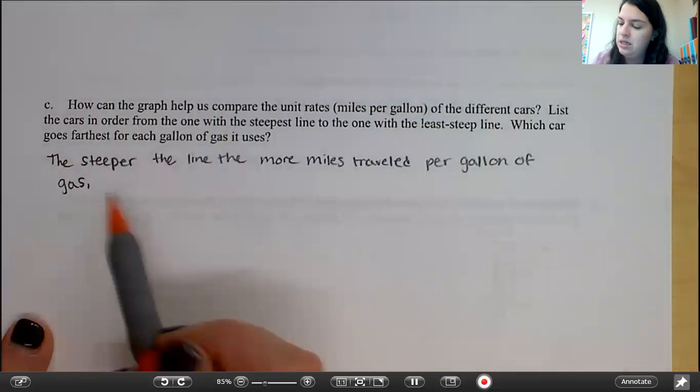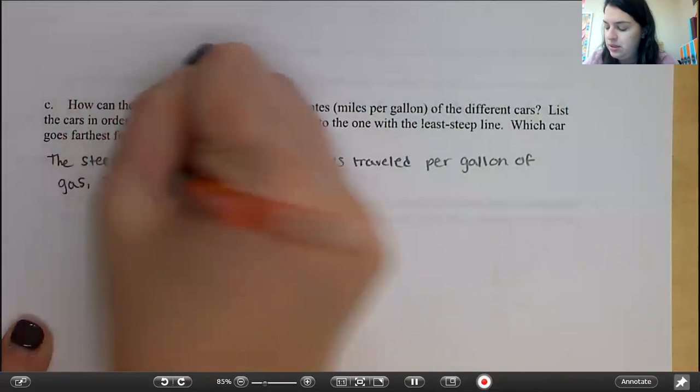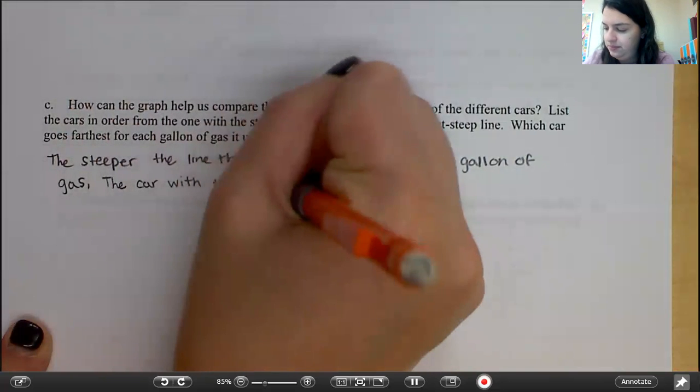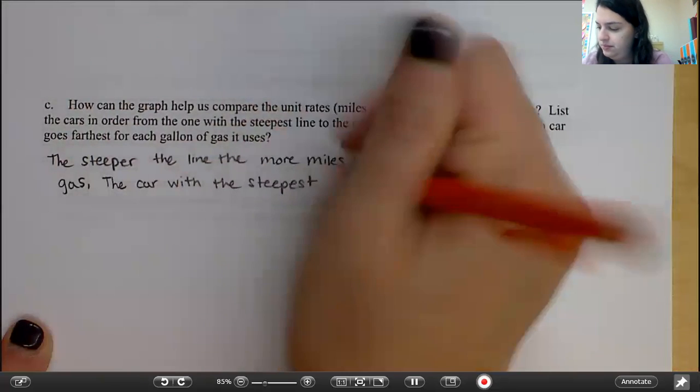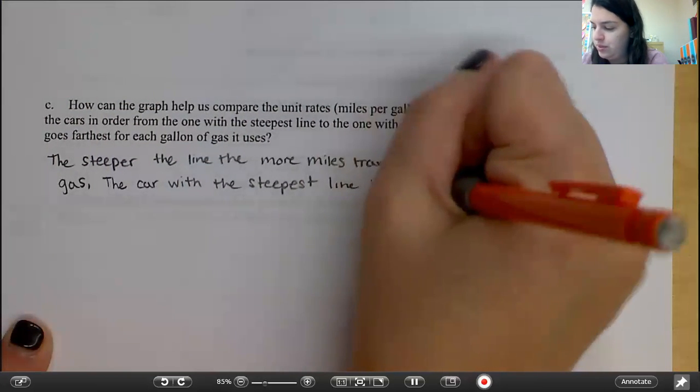So what that means is the car with the steepest line has the best miles per gallon.